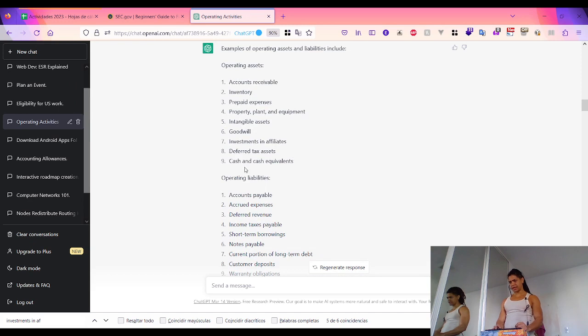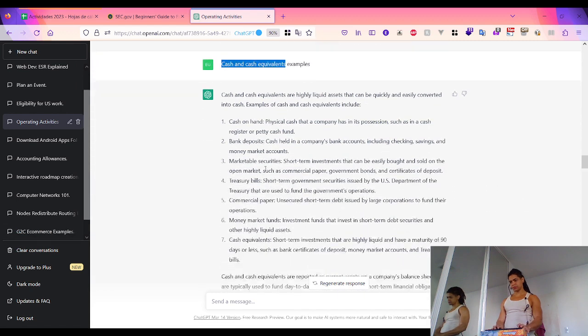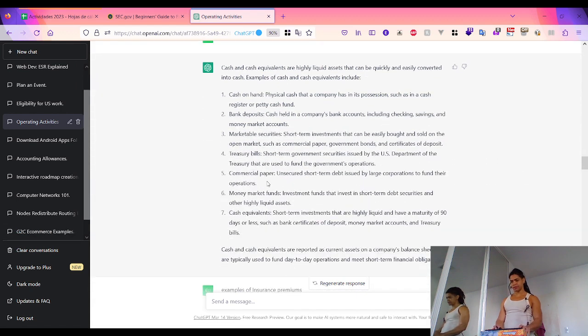Then you have cash and cash equivalents, money market funds. Money market funds are debt-based financial instruments that invest in bank acceptances, very short-term debt from banks, certificates of deposit, which are saving certificates that banks issue with relatively short maturity.